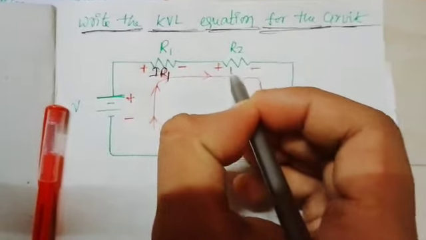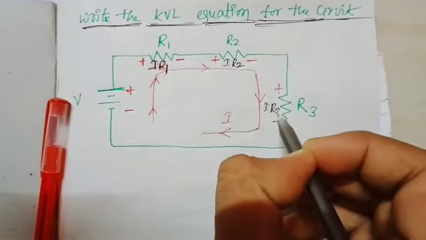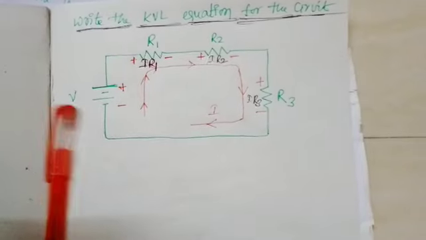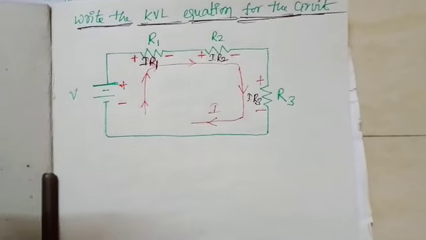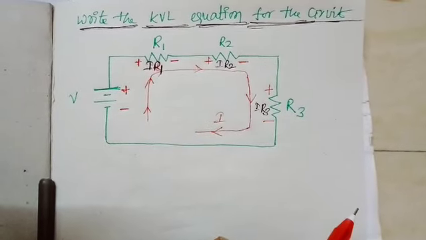At R2, the drop is I R2. At R3, the drop is I R3. So these are the steps we have to follow before writing the KVL.